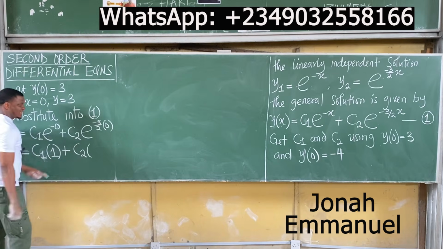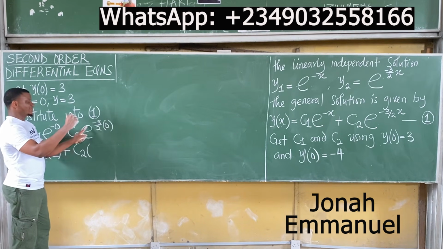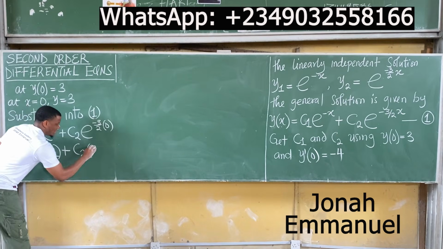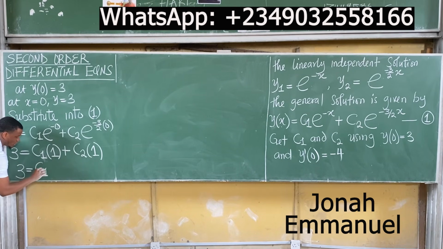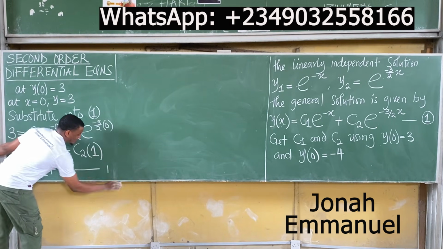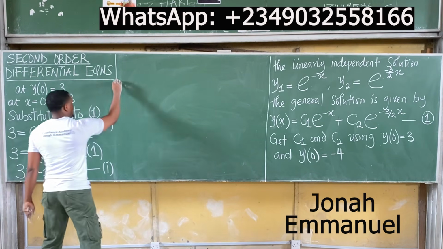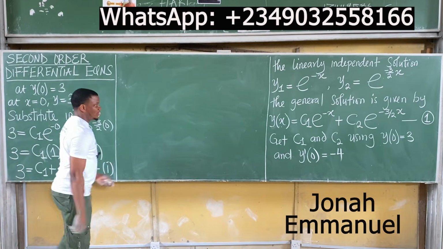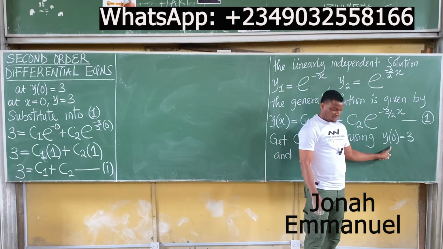Now this is exponential minus 3 over 2 times 0. Minus 3 over 2 times 0 gives you 0, and exponential 0 gives you 1. So 3 is equal to C1 plus C2. Let's call this I. I have now successfully substituted the first condition.